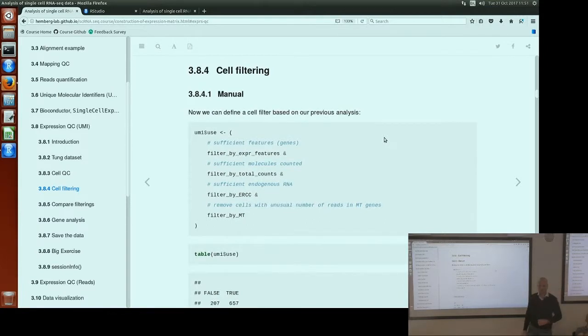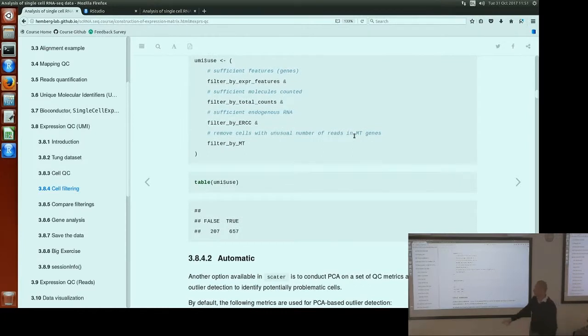Okay, so now once we have defined all these logical vectors which filter out cells, some cell outliers, we can assign the combination of all 4 filters to the use column of the annotation matrix. So we just combine these logical vectors with an AND statement and put them into the use column of the annotation matrix.